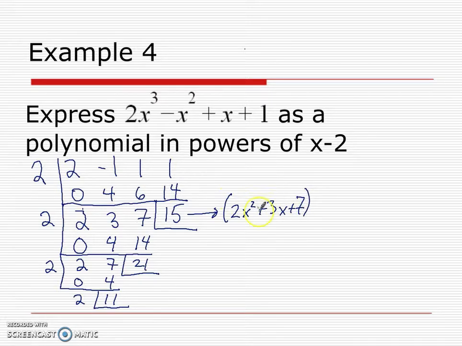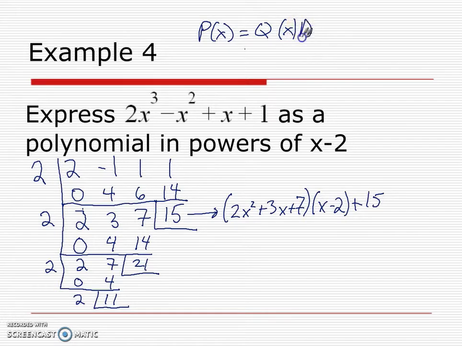That quotient is the result of dividing by x minus 2, so that's my divisor, plus my remainder, right? And again, this goes all the way back to p of x is q of x times the divisor of x plus the remainder, right? That's all I've done here. Quotient, divisor, remainder. Okay, fair enough. If we expanded this, we'd get back to here. Everything's great.